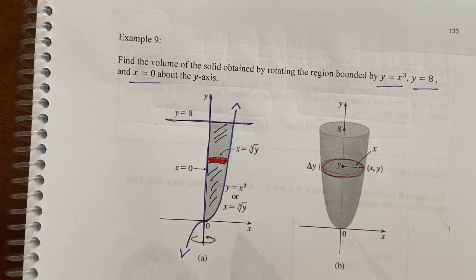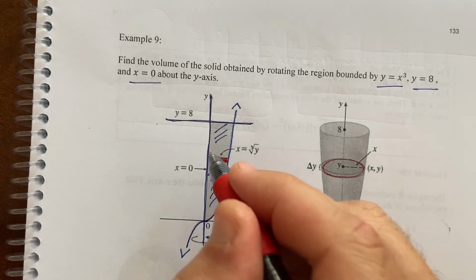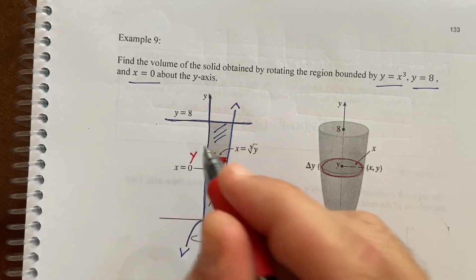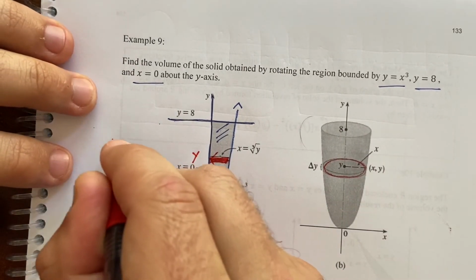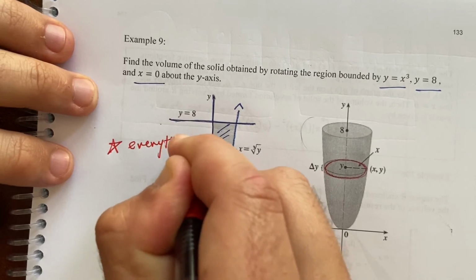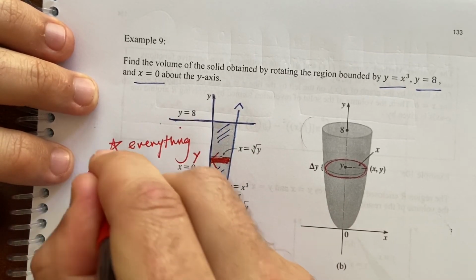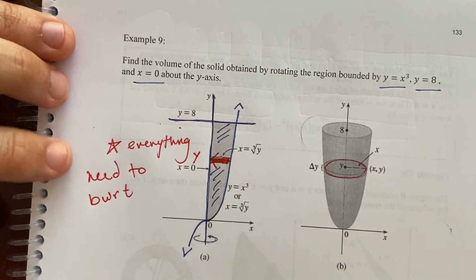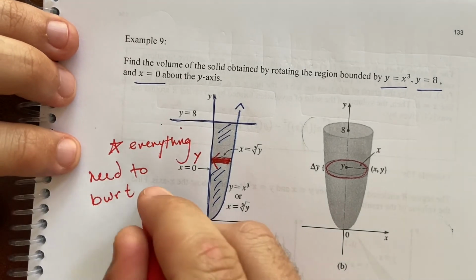Since this little sliver is pointing at the y-axis, everything needs to be with respect to y.